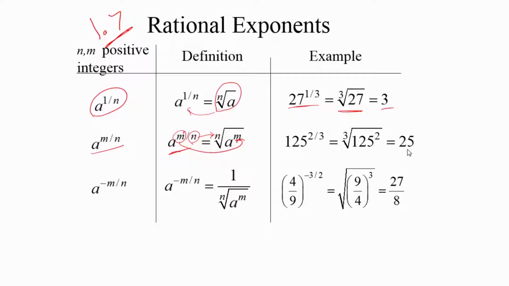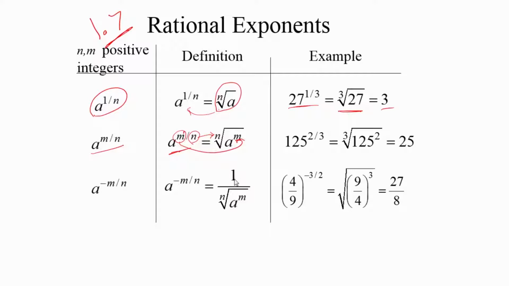Finally, if you have a to the negative power in the form of a fraction, you would write that as an inverse with a positive power, the same thing you had before, right? So it would be a to the minus m divided by n.